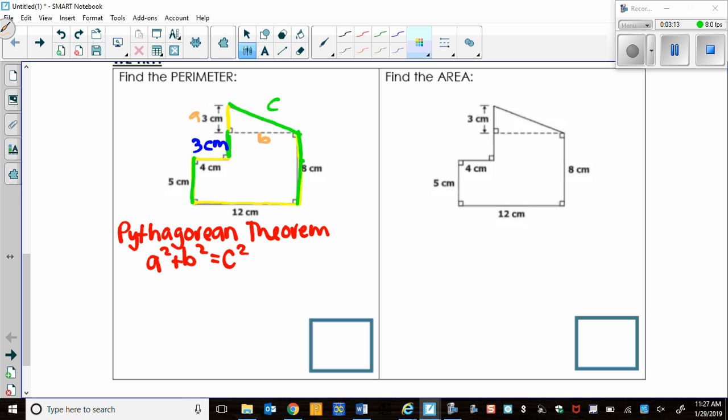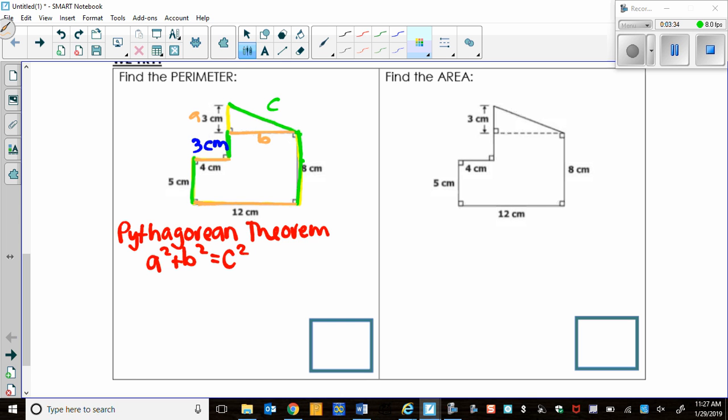Remember in the previous example, I told you to look at other sides of the polygon that match the direction it's going in. So B, the other direction that goes left and right, is 4 centimeters. And 12 matches as well.